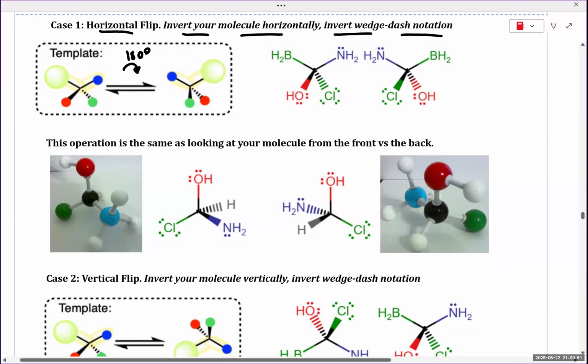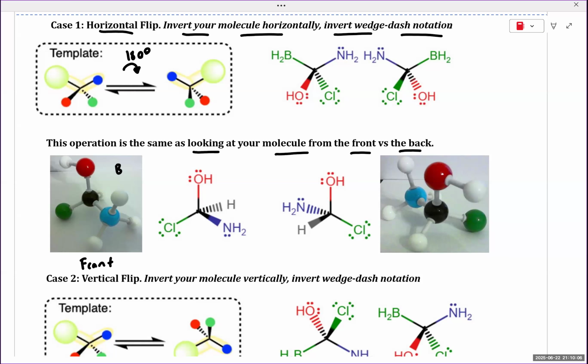This is the exact same operation as looking at your molecule from the front versus the back. So here's our front view. The chlorine, the amine, and alcohol are in the shown positions. If we looked at the molecule from the back perspective, we now see the hydrogens in front, the chlorine is on the right, and the amine is in the back on the left.